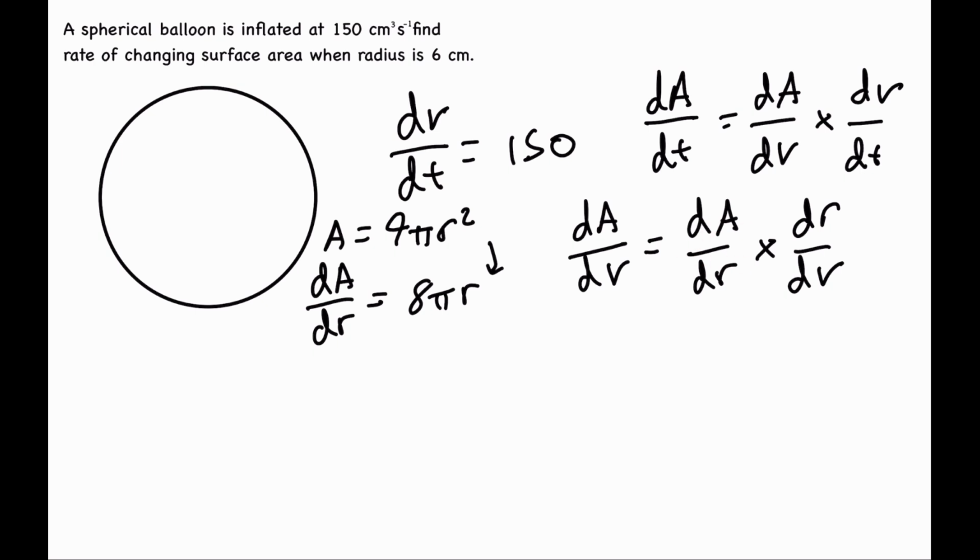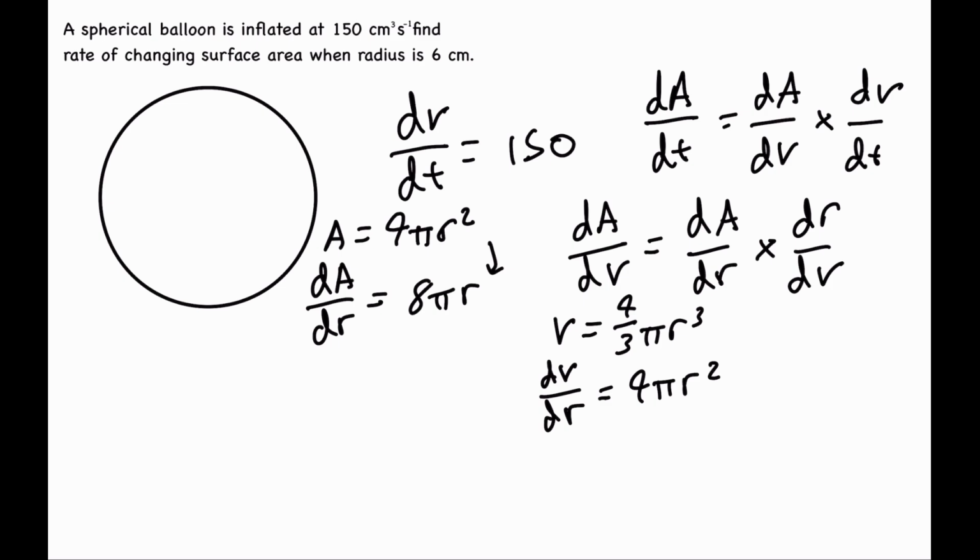Now to find dr over dV, we can easily find dV over dr. V is equal to 4 over 3 pi r cubed for a sphere, and we can find dV over dr very simply by differentiating this, and we get 4 pi r squared.